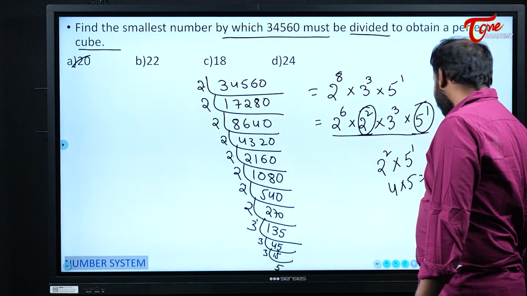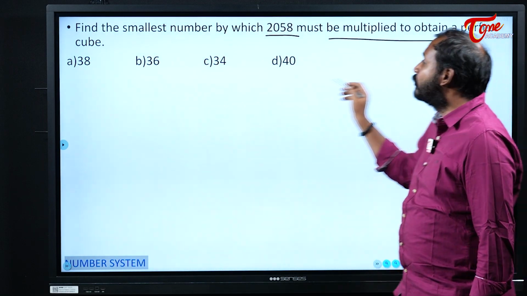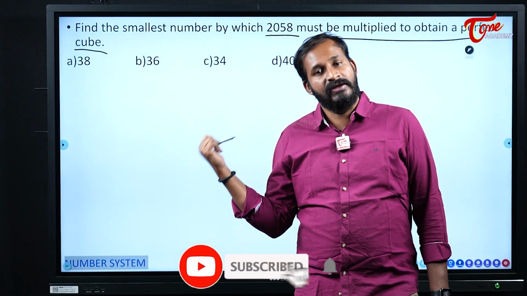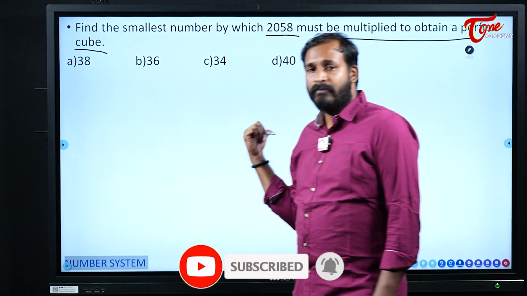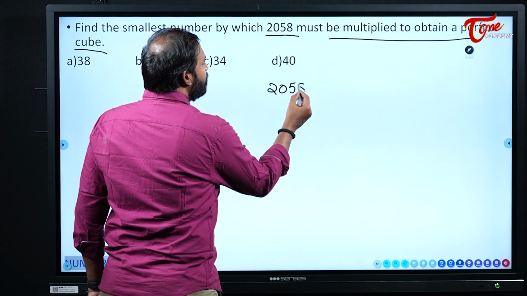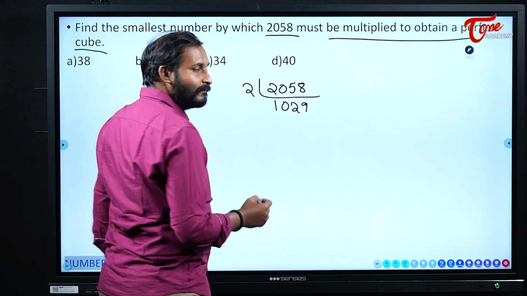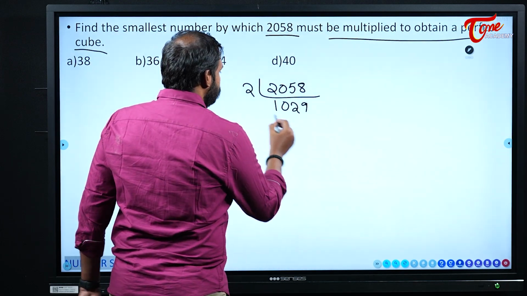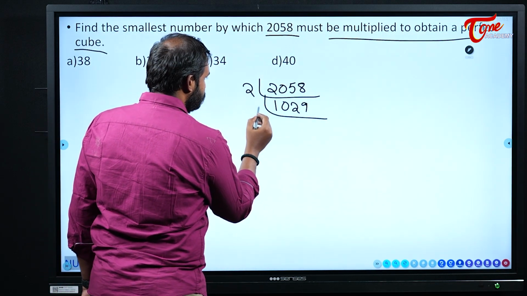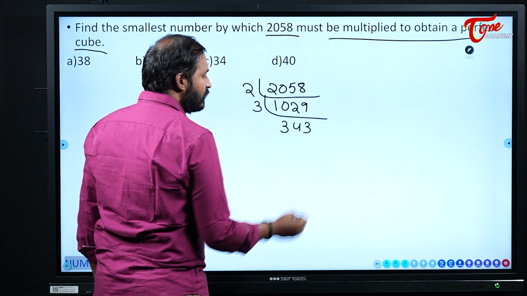Next. Find the smallest number by which 2058 must be multiplied to obtain a perfect cube. See, in our previous case they asked us to divide. In this case they are asking us to multiply. So we will see this one. 2058, as usual do the prime factorization, 1029. 3 table, 3 3s are 9, 3 4s are 12, 343.